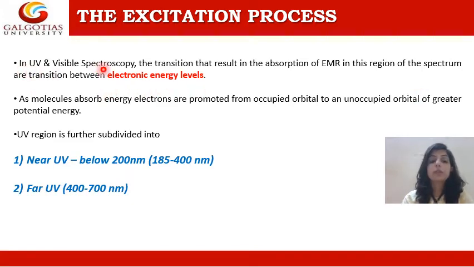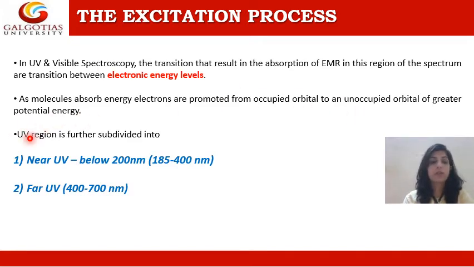As a molecule absorbs energy, electrons are promoted from an occupied orbital to an unoccupied orbital at greater potential energy. The unoccupied orbital, that is the excited state, has higher potential energy.